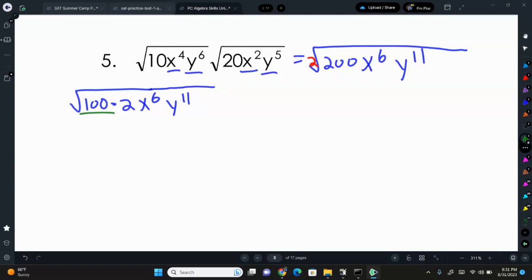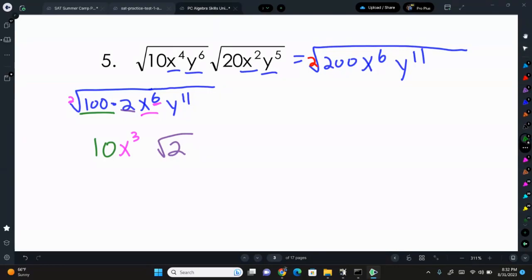The square root of 100 is 10. The square root of 2, I can't do anything with that, so I'm going to put that down here. Now x to the sixth. 6 divided by the invisible 2 is 3. And then there's no remainder, so we don't have an x under the square root.